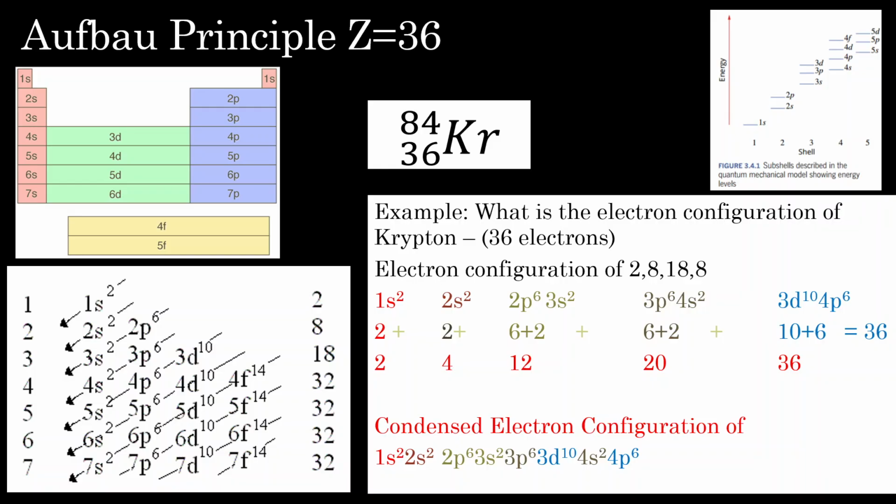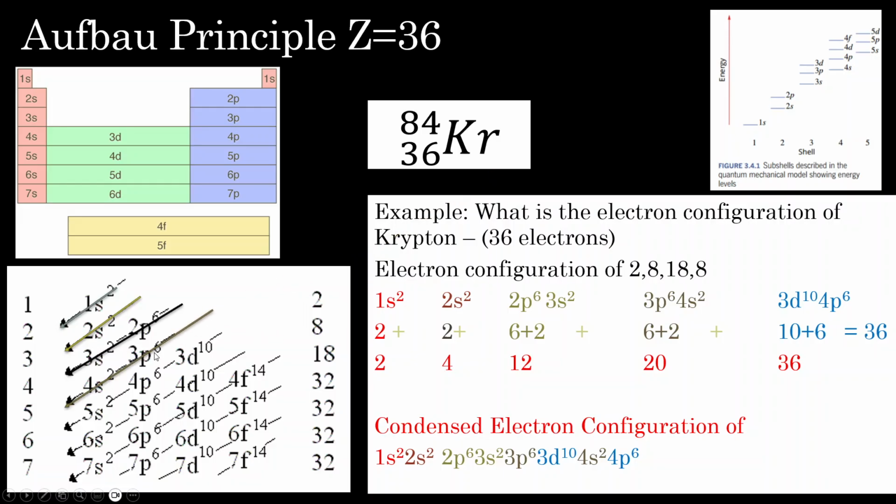So let's have a look at krypton. The objective is that we've got to do up to krypton. So let's write the electron configuration of krypton. We can write this out on a bit of paper if we need to. So we go 1s2, then 2s2, then I read across to 2p6, and then I read down to 3s2.